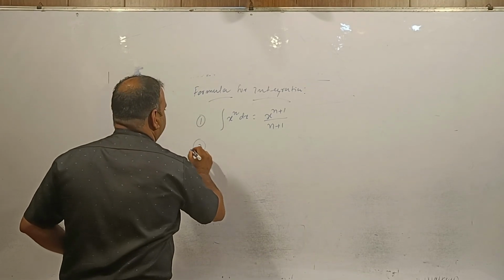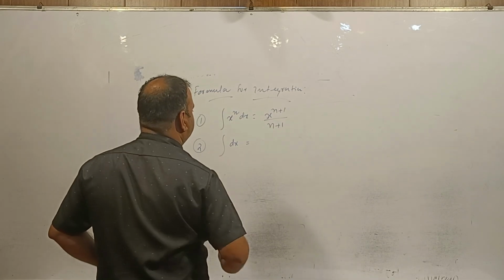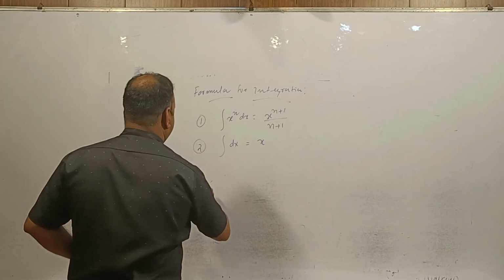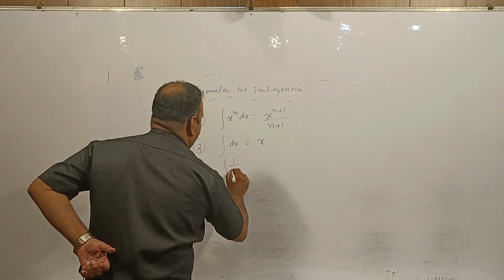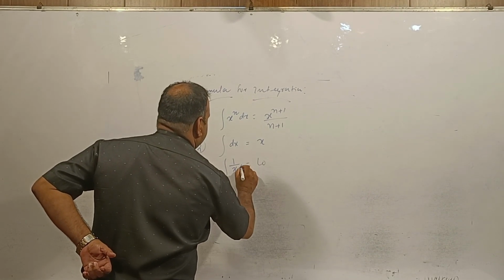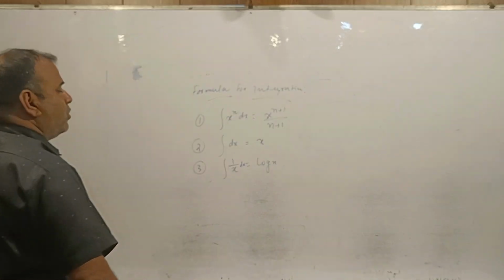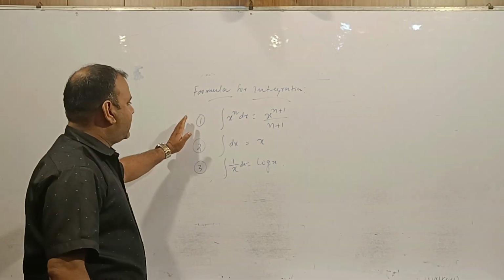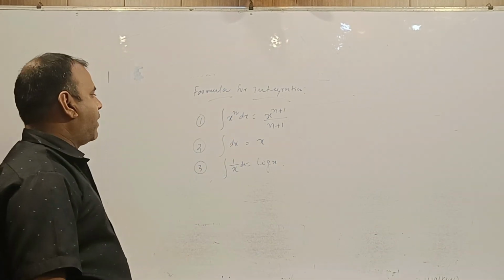Number 2: integration of dx is equal to x. Number 3: integration of 1 by x dx is log x. I have given only three formulas here. Remember these three formulas are very important for solving integration.